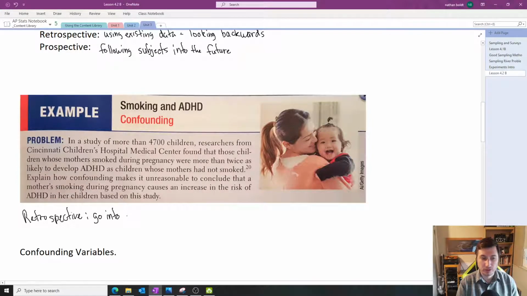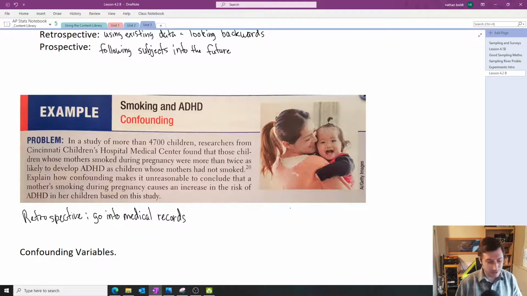And you would just look. You just found medical records and you were looking through and finding some sort of relationship between smoking and ADHD in mothers and their babies. Probably not what happened, because you probably wouldn't have access to people's medical records like that, but it could be possible. This one was probably a prospective study.